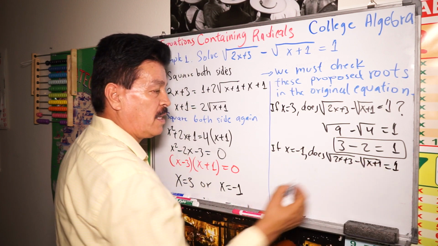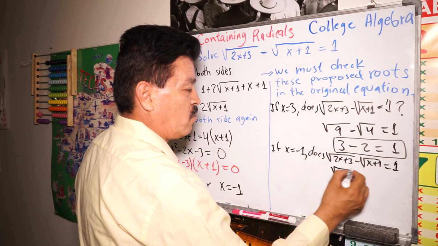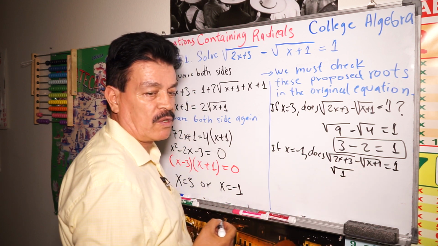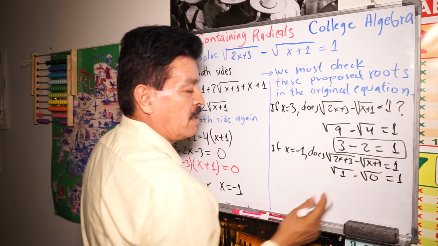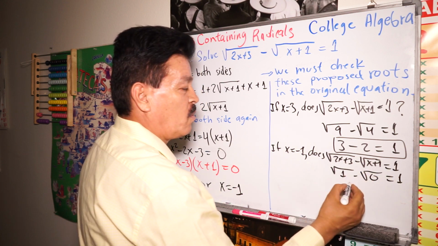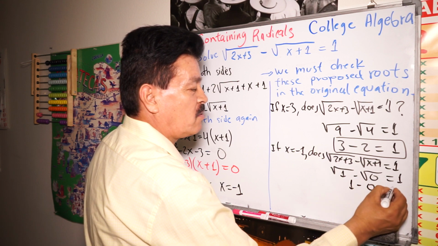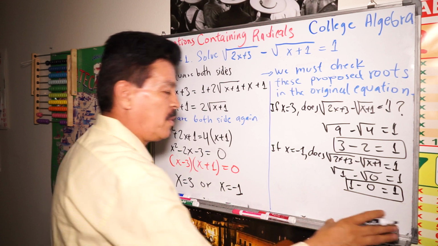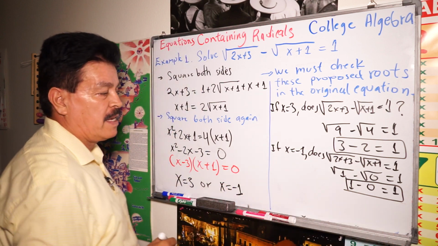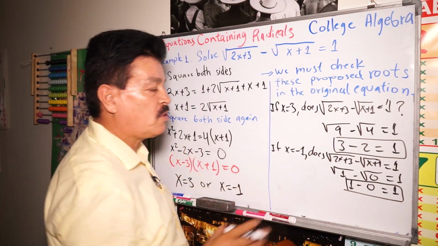You substitute this and we are going to have the square root of 1 minus the square root of 0 equals 1. So 1 minus 0 equals 1. Right? So here both proposed solutions work.